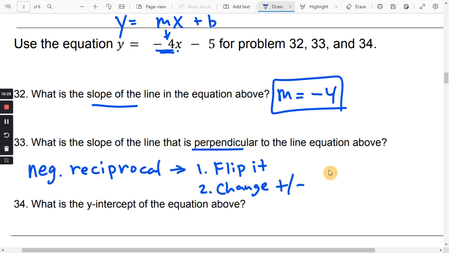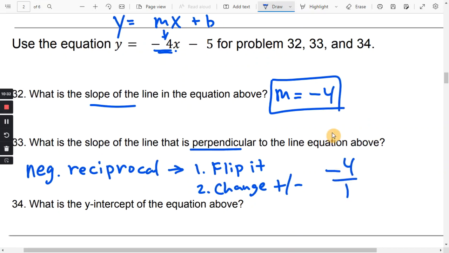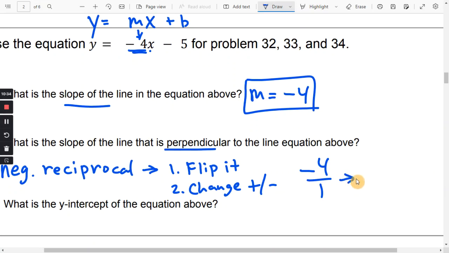So we have -4, and that's the same as -4/1. Okay, so flip it. So it's going to be -1/4. And then change the plus minus sign. That makes it +1/4. So that's the slope of a perpendicular line.